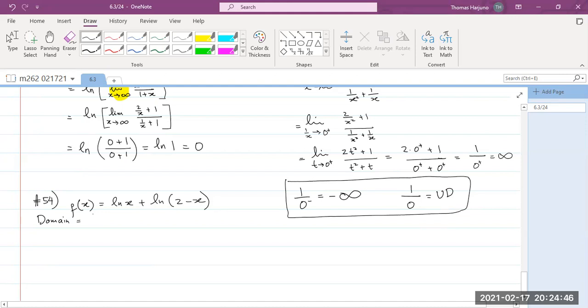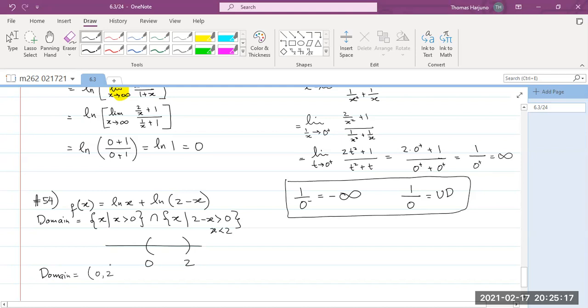So x has to be strictly greater than 0, and at the same time, 2 minus x has to be greater than 0. If you solve this, then x has to be less than 2. So the domain is basically only from 0 to 2, not including the endpoints.